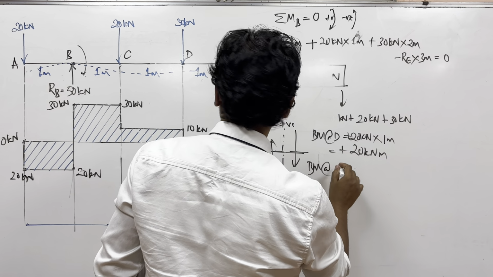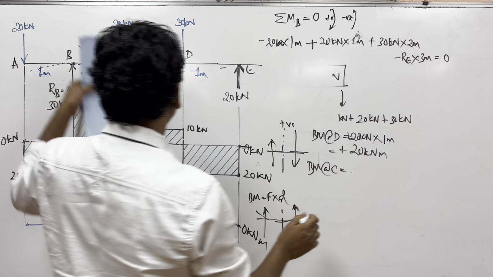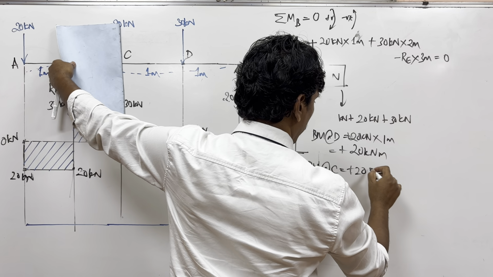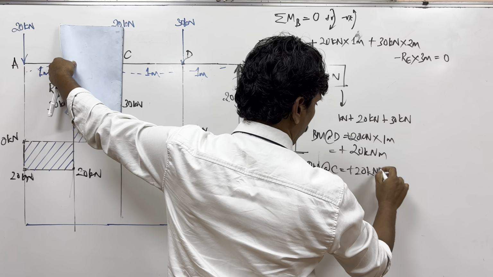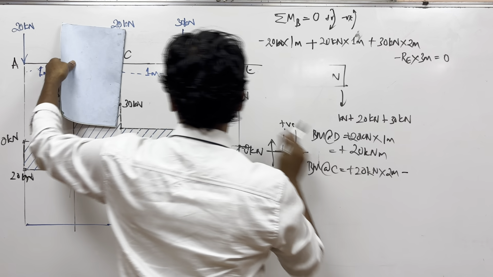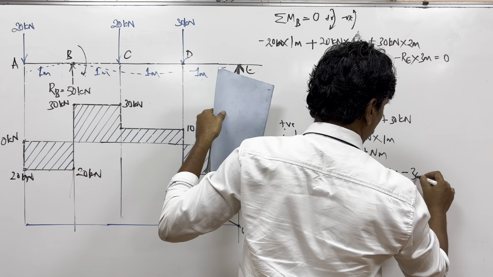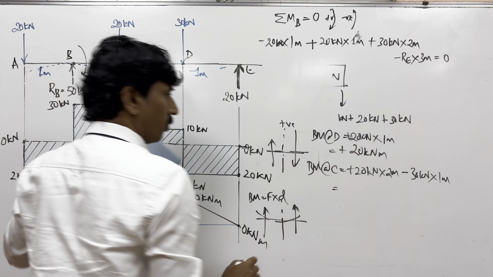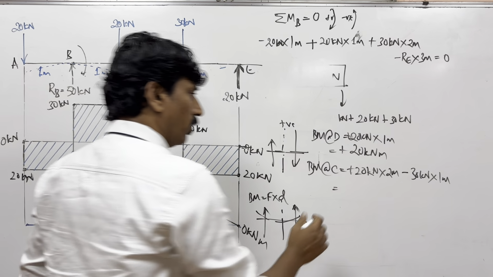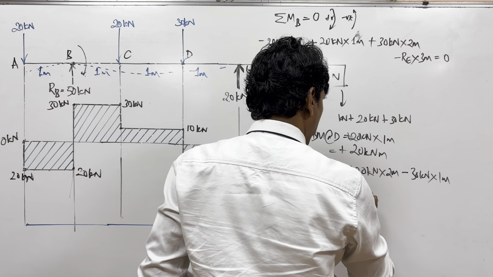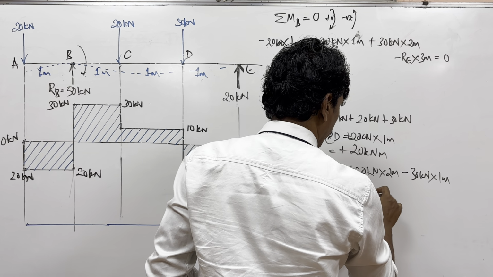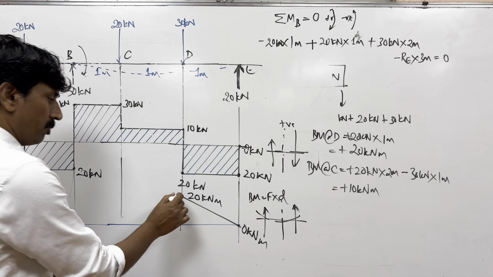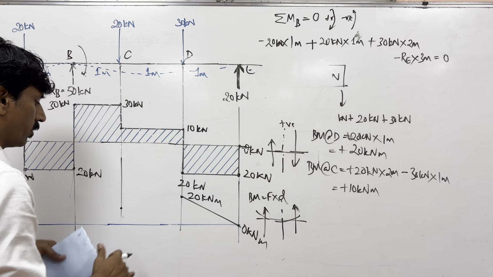Bending moment at C is equal to 20 kilonewton plus 20 into 2 meters minus 30 into 1 meter. So what is the answer? That is plus 10 kilonewton meter. So that means it goes again from plus 20 to plus 10 somewhere here.